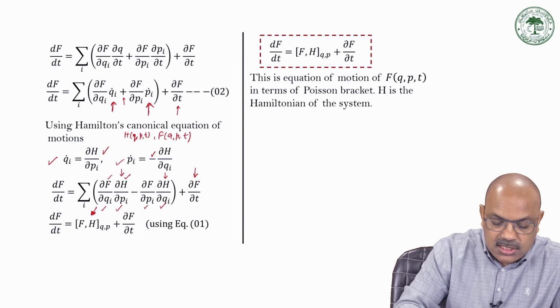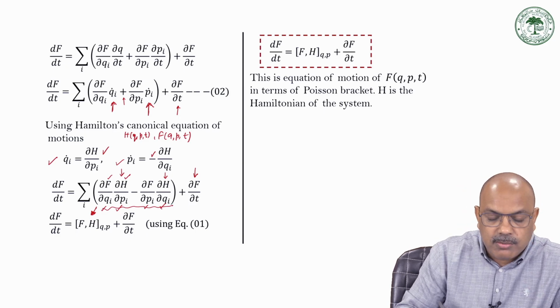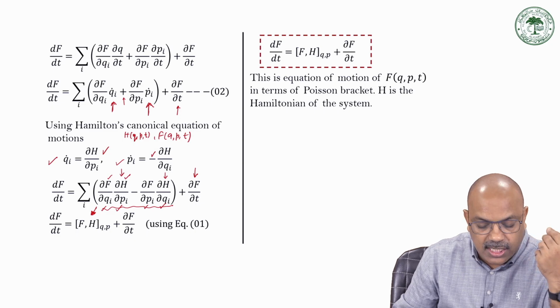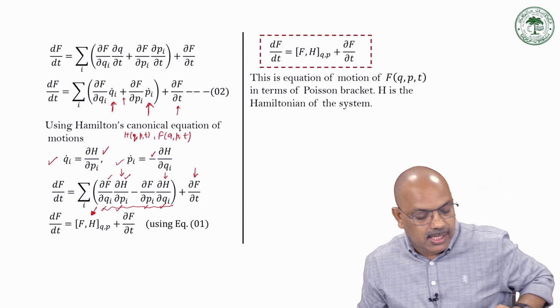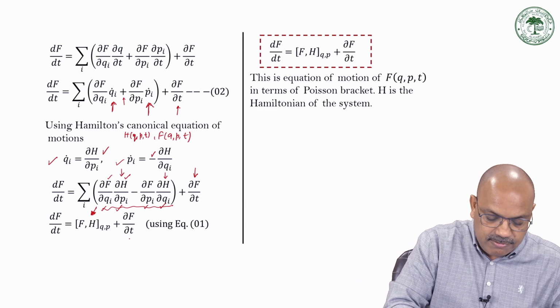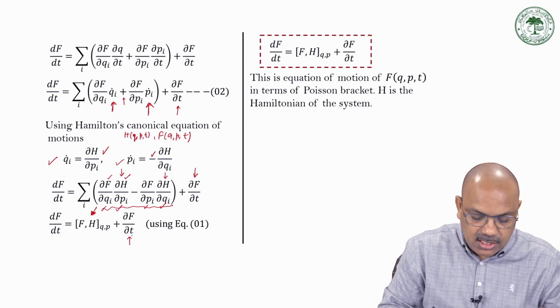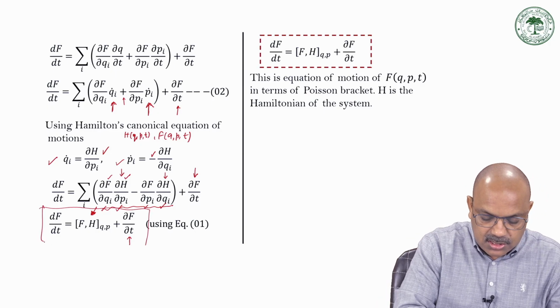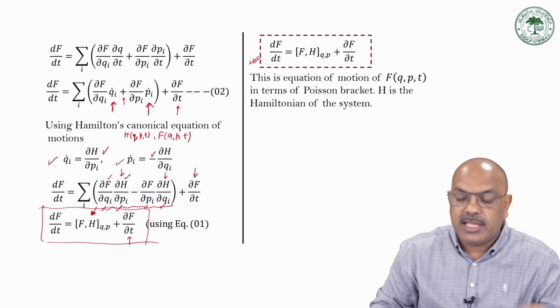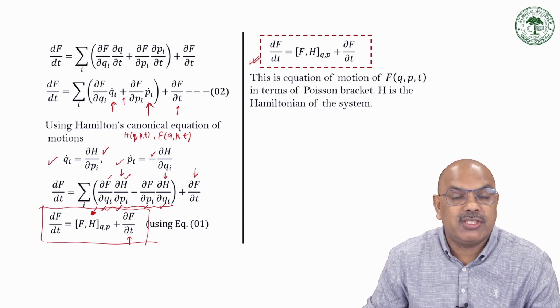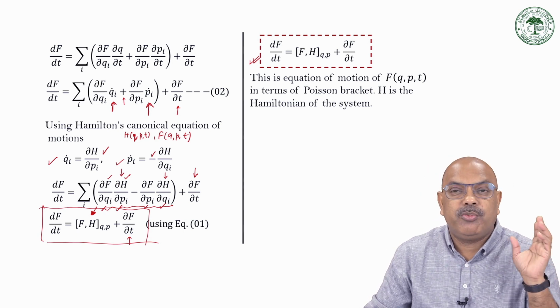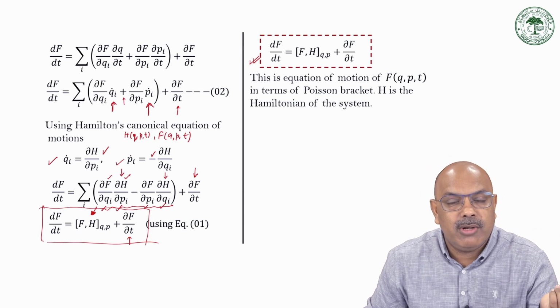So this gives me the Poisson bracket between f and the Hamiltonian H, and that is df by dt. This expression is the equation of motion of the function f in terms of the Poisson bracket, and H is the Hamiltonian of the system.